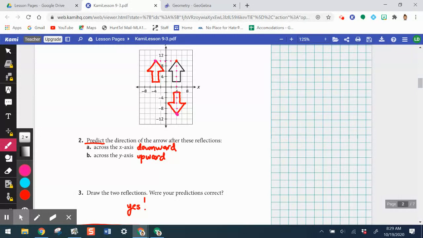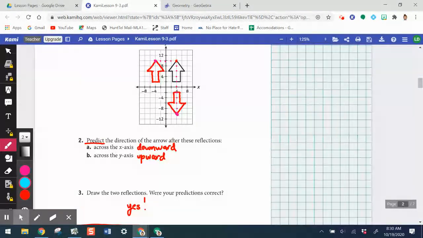And then it said draw the 2 reflections and were your predictions correct? Now we could easily just draw these reflections, bypass all this and not try to notice anything. But I want us to start pulling out important information that's going to help us predict what these reflections are going to do to our pre-images. So one thing I want to point out is we have this tip of the arrow located at 4, 10.